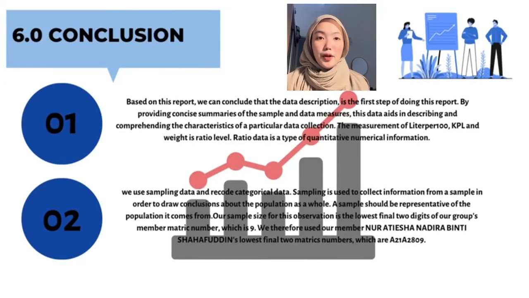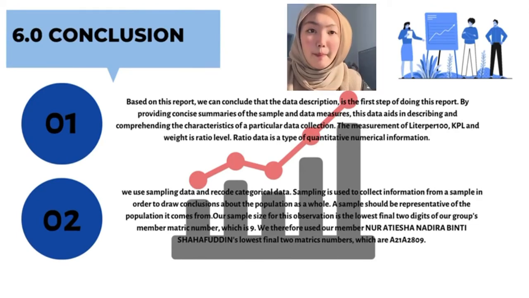Based on this report, we can conclude that the data description is the first step of doing this report. By providing concise summaries of the sample and data measures, this aids in describing and comprehending the characteristics of a particular data collection. The measurement of liter per hundred, KPL, and weight is ratio level.